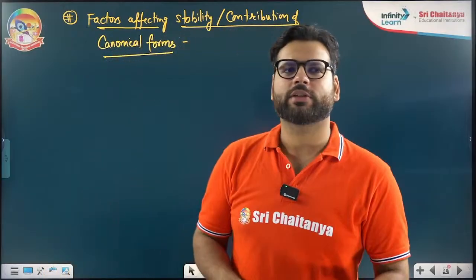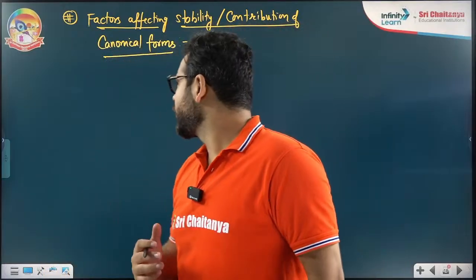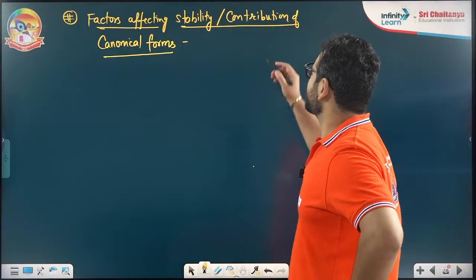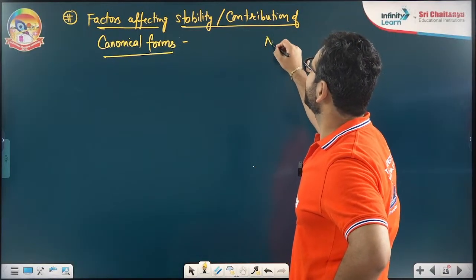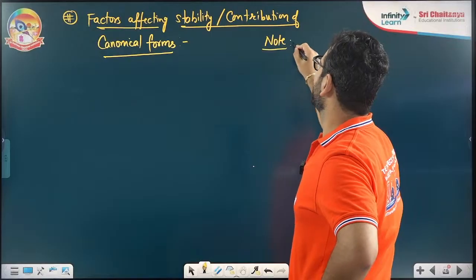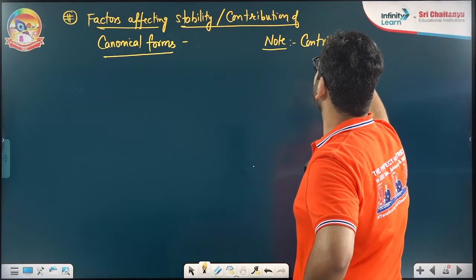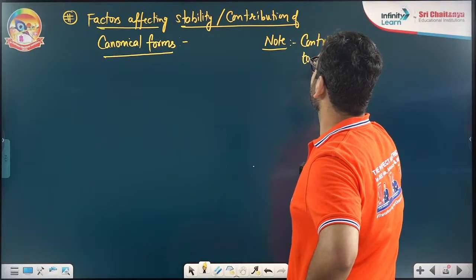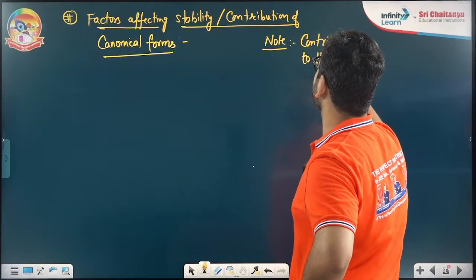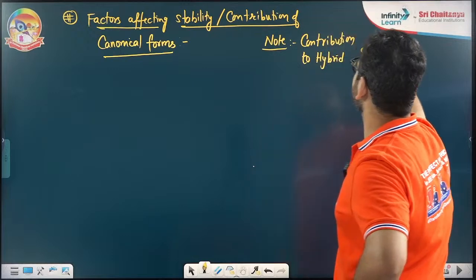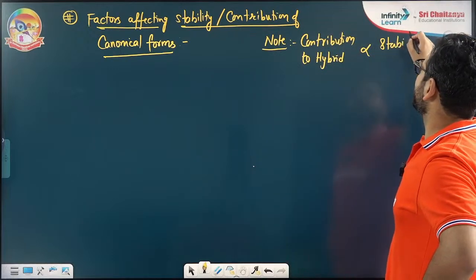The one which is more stable will contribute more to the resonance hybrid. So you can first write this down as a note point: percentage contribution to the resonance hybrid is directly proportional to the stability of the canonical form.